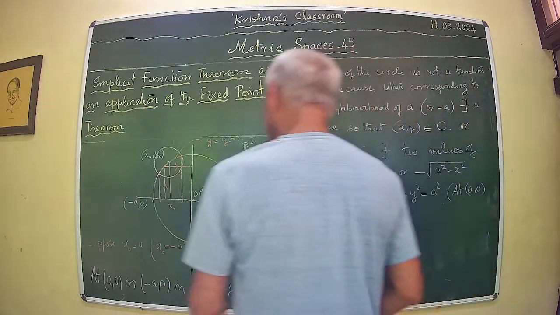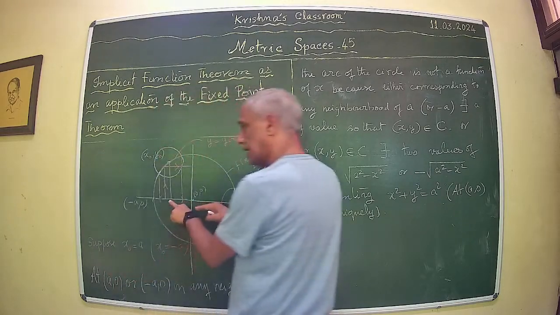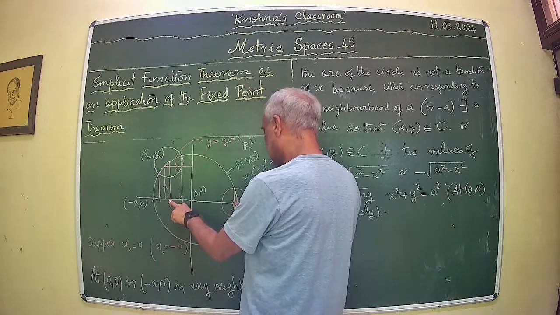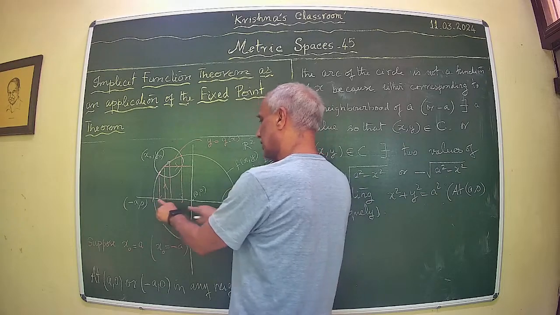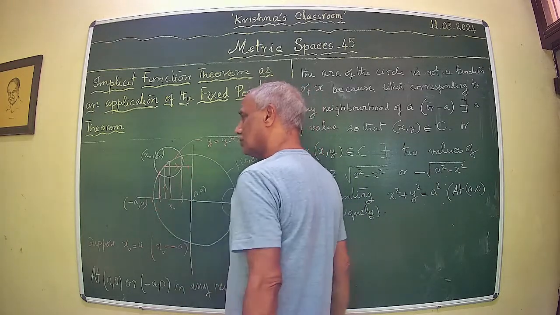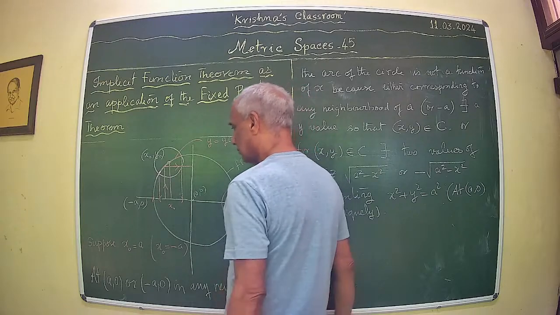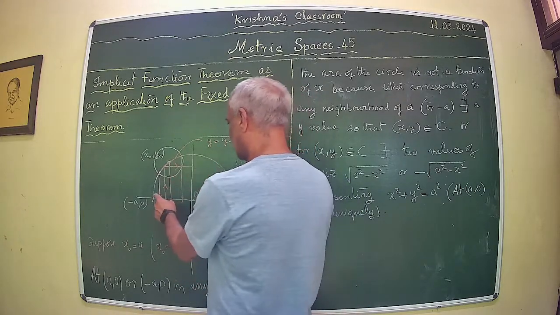Now you see the distinction between the point x0 over here and the point a0. Okay. Here you see that any neighborhood you take, this arc would represent a function. Okay.